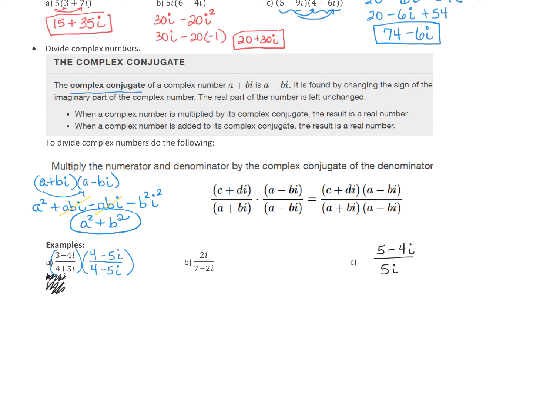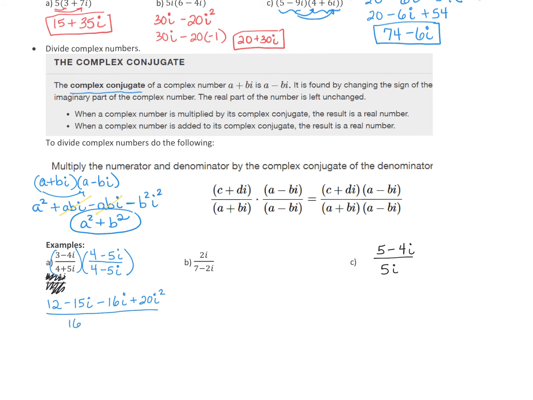we're not going to have an i down there anymore. So when I do this, on the top, we're going to get, foiling, 12 minus 15i minus 16i plus 20i squared. On the bottom, we'll get 16.